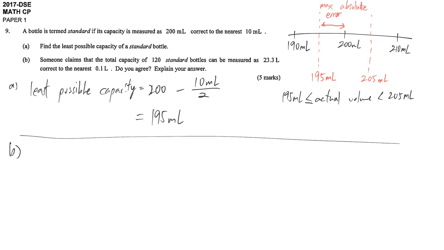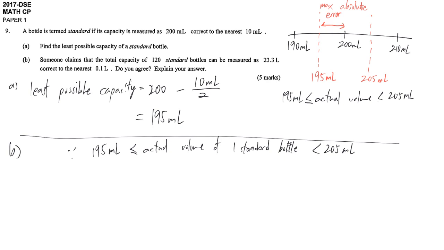So just now we already know that the actual volume of one standard bottle is within 205 ml and 195 ml. I use both limits because I don't know which one they are talking about, and I don't know how to compare, so I just write down both limits.